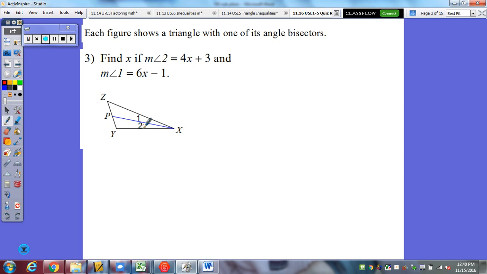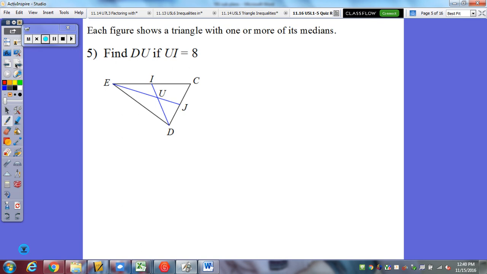If angle 1 and angle 2 are separated by the bisector, then these are congruent to each other. So we have 4x plus 3 equals 6x minus 1. So 2x equals 4, so x equals 2. That's it. Not a big deal.